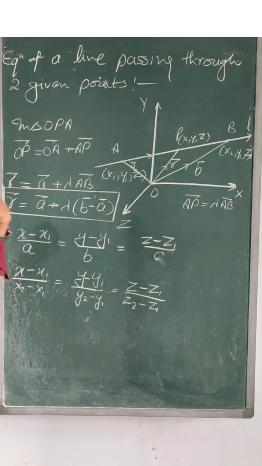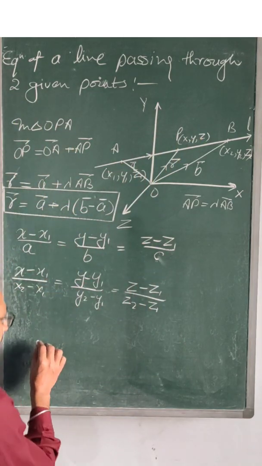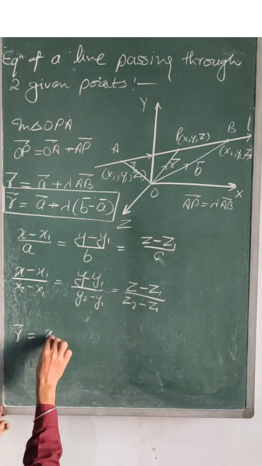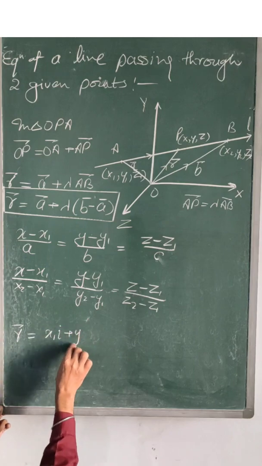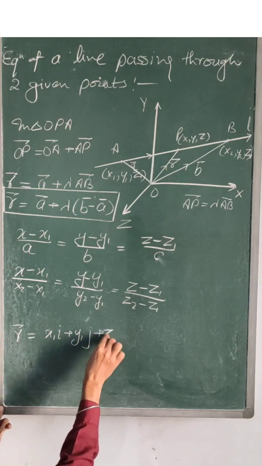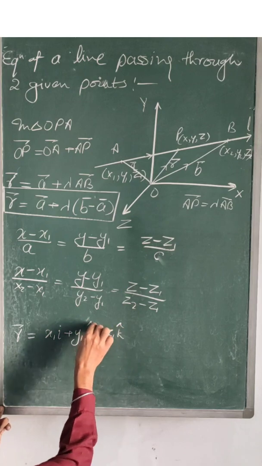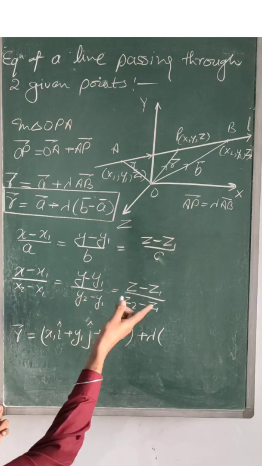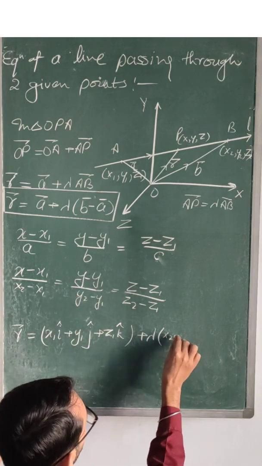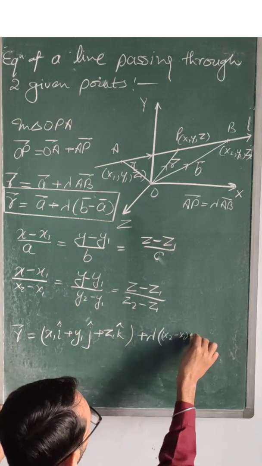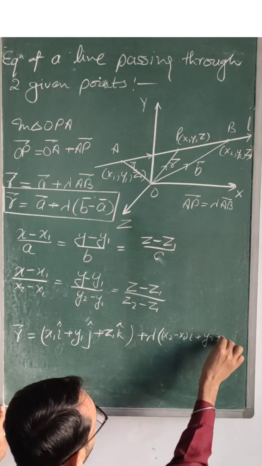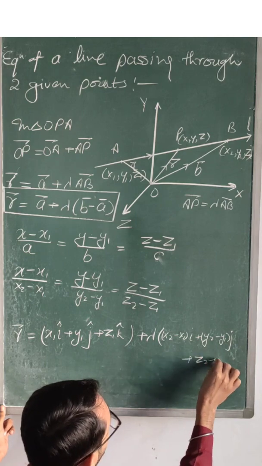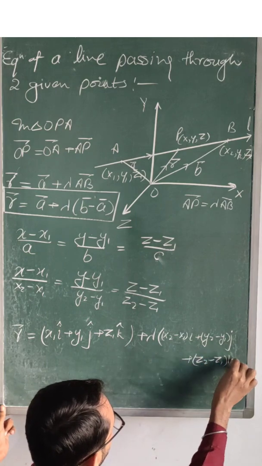Now this I could write in this manner also. R vector is equal to A, and A can be written as x1 i plus y1 j plus z1 k, plus lambda times B minus A, that is (x2 minus x1) i plus (y2 minus y1) j plus (z2 minus z1) k.